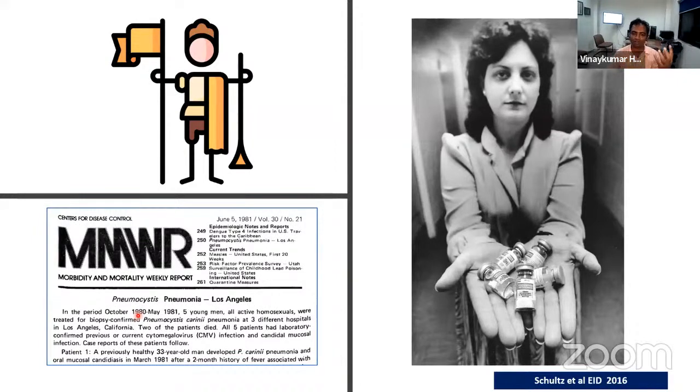She brought it to the notice of her boss that there was a sudden surge in demand for pentamidine, which was investigated, and this came as a report in MMWR, and she is known as the herald of HIV. Pentamidine was being given for treating pneumocystis pneumonia, right? So this is about Sandy Ford, who recently died in 2016.